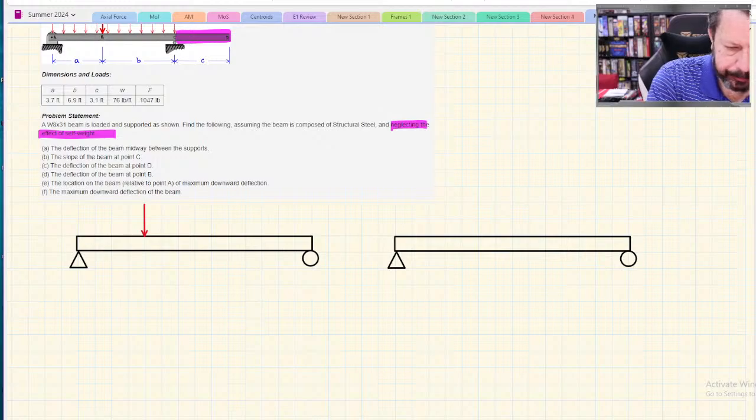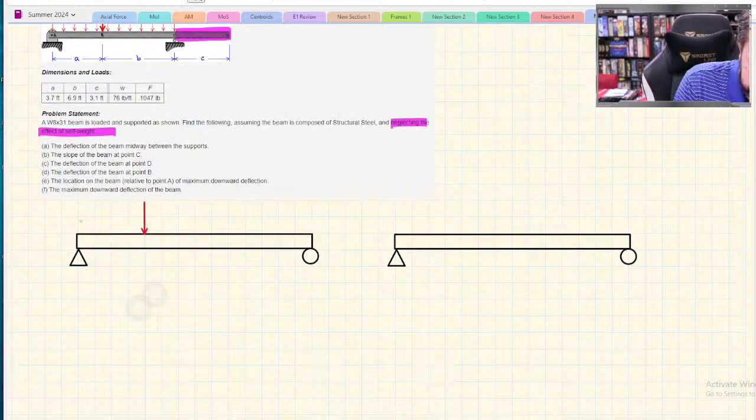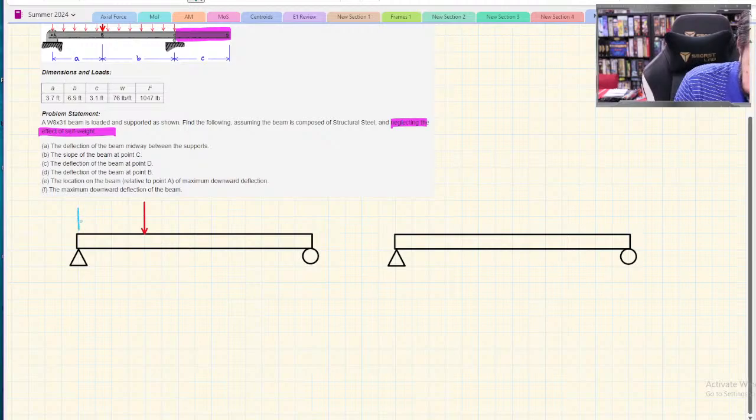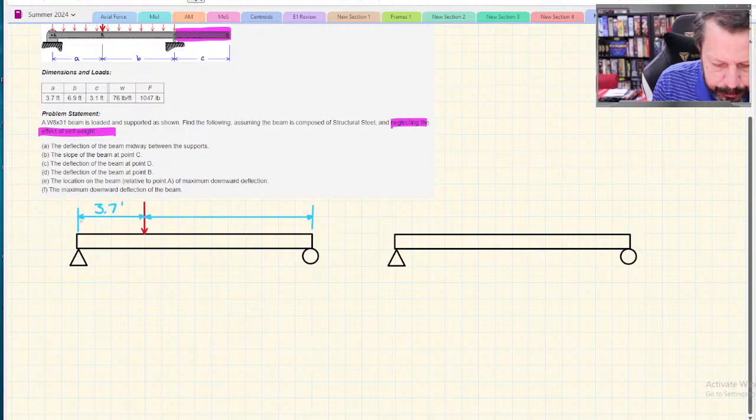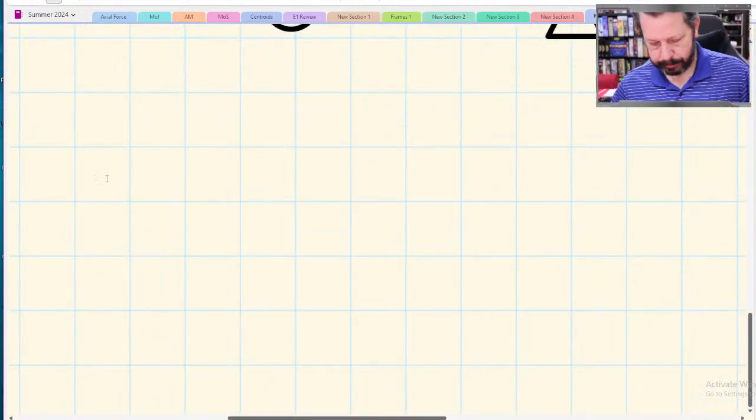And A is 3.7 feet in my problem. And B is 6.9.